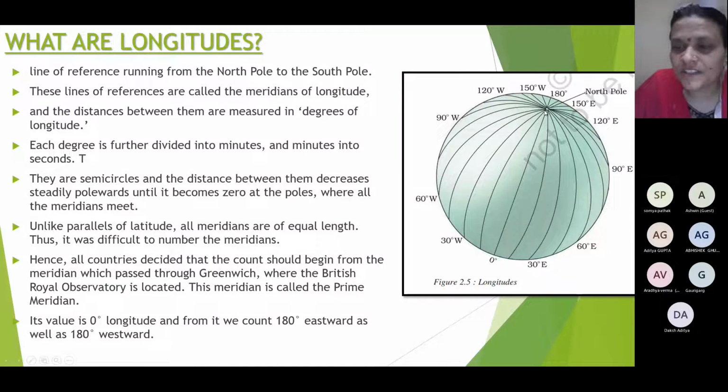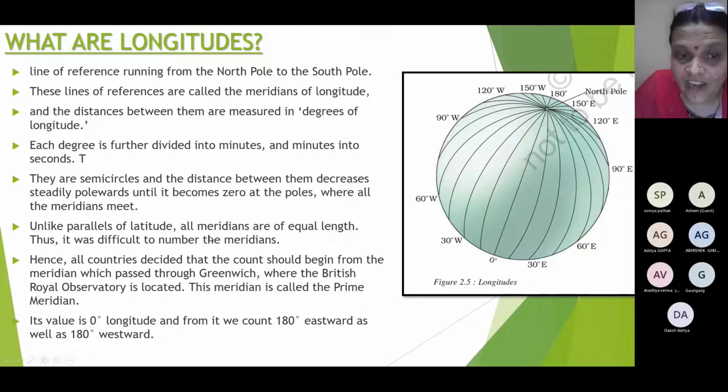Their distance is reduced there at the poles. Unlike parallels of latitude, all meridians are equal in length. See, latitudes are not equal in length; they become shorter as they go towards the North Pole and South Pole. But here, they are all of equal length.